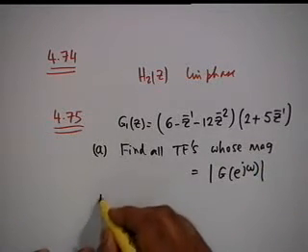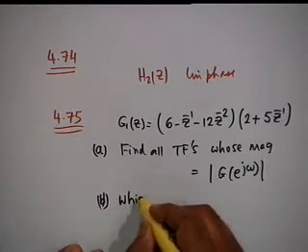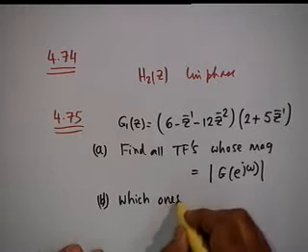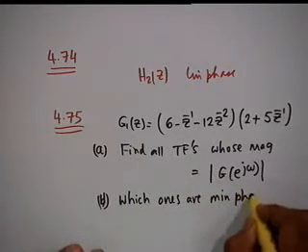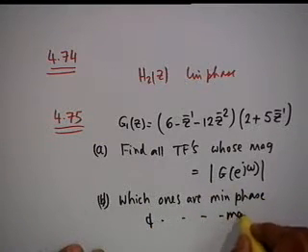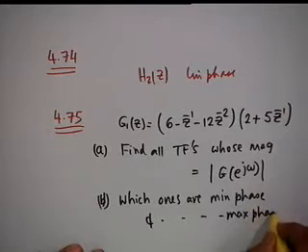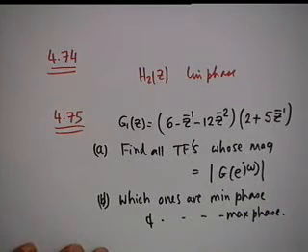Second part, which ones are minimum phase and which ones are maximum phase. And the third part, part C, relates to the impulse response and partial energy.